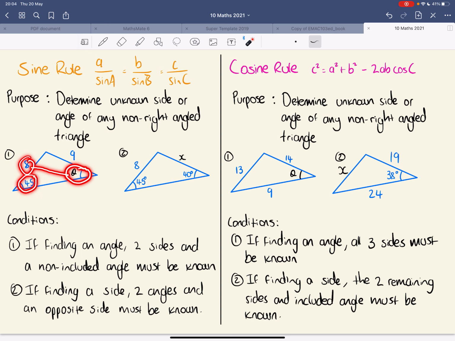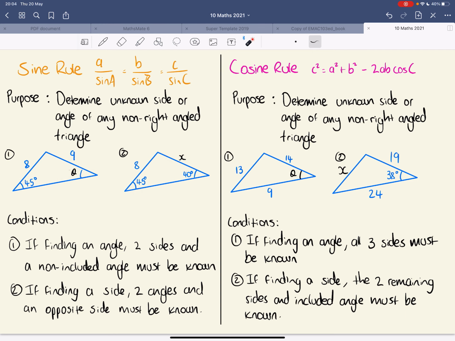Provided with those ratios, if you know 3 but you don't know 1, you can apply that to the sine rule. And it's the same thing with condition 2. The only difference is with this condition, we now have an unknown side versus an unknown angle. I hope that made sense.